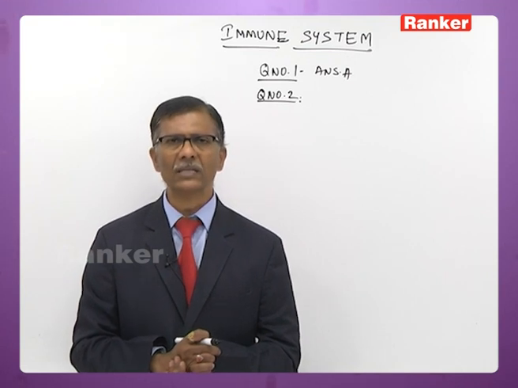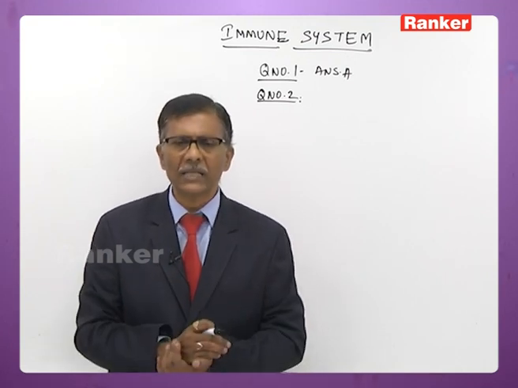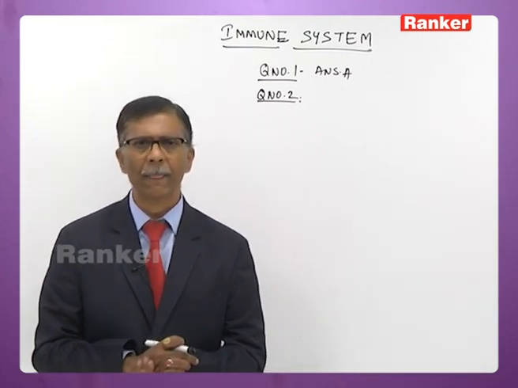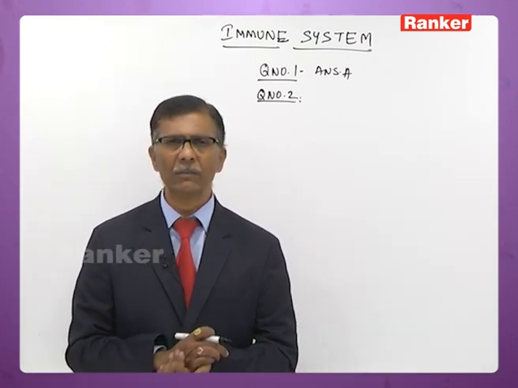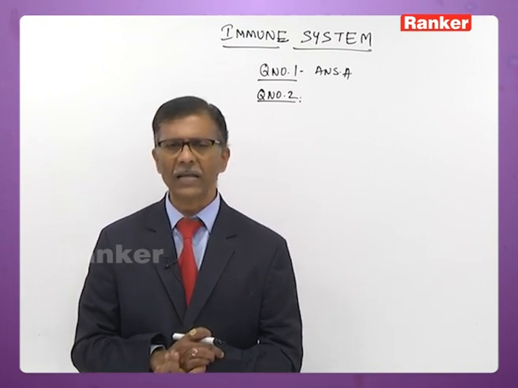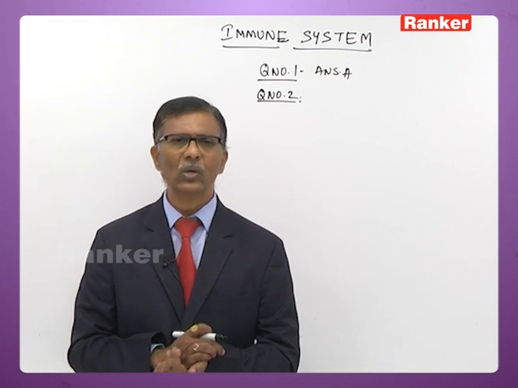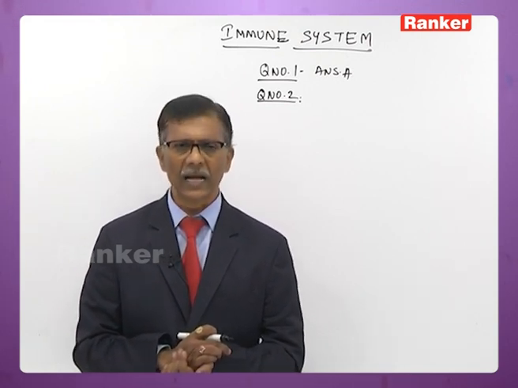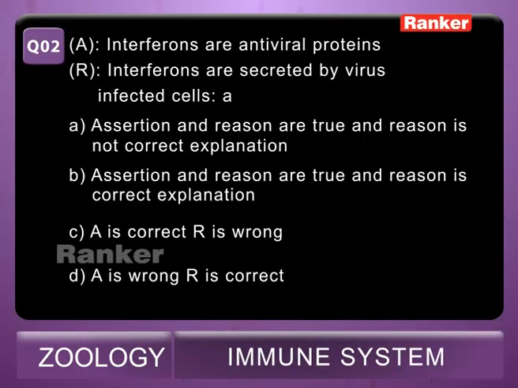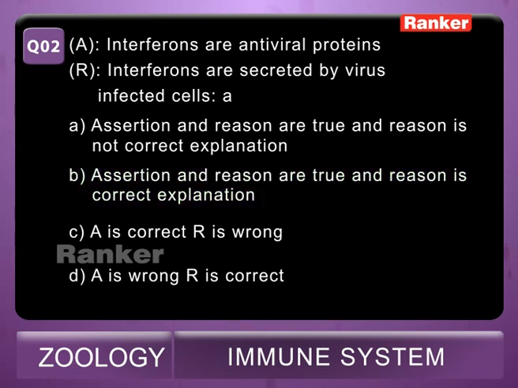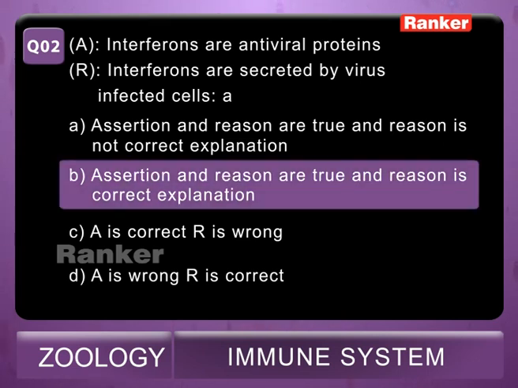These interferons diffuse into surrounding cells and make them resistant to those viruses. They are widely used in the medical field to treat rabies and different kinds of cancers. Both assertion and reason are correct, and the reason is the correct explanation. So the answer for the second question is B.